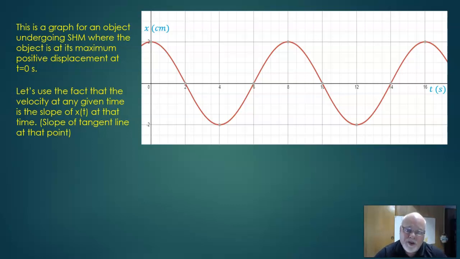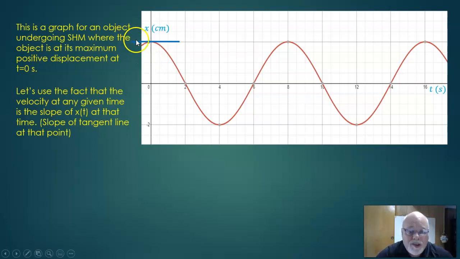Well, let's just conceptually think about it. Let's go up here to the maximum positive amplitude that occurs at t equals 0, right up here. Okay? If I were to draw in the tangent line, that tangent line is going to be horizontal. Now, what's the slope of a horizontal line? It's 0, right?